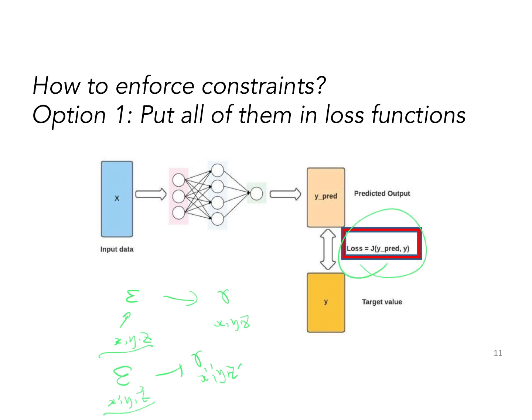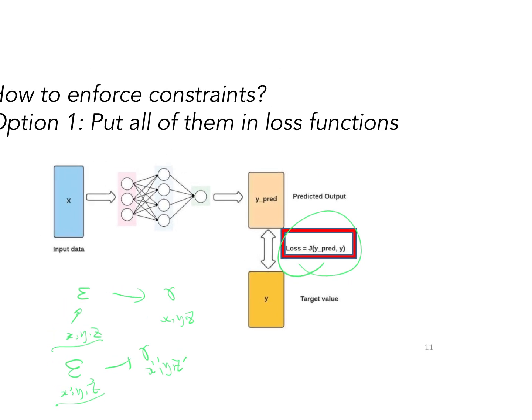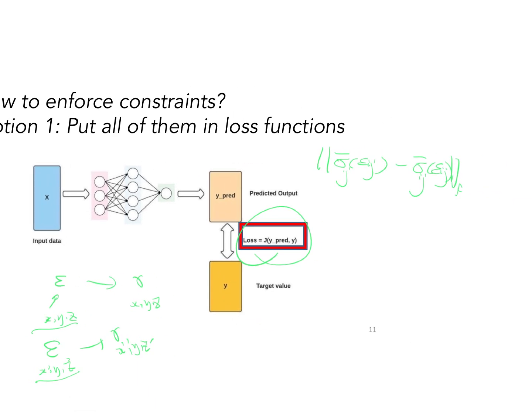You can explicitly put this into the loss function. What it means is the following. I'm predicting the stress, right? So let's say I predict the stress and then I try to minimize the stress distance. For argument's sake, I just use the matrix norm.